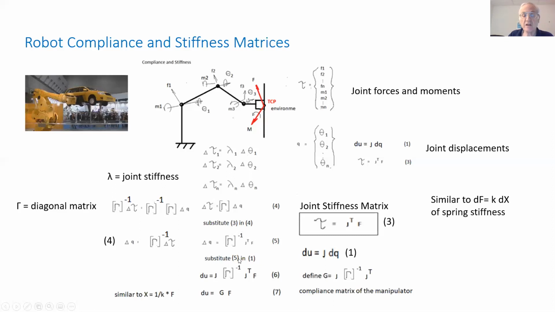We invert it in MATLAB or MathCAD, and then do the matrix multiplication, and we can calculate the deflection of that robot, knowing the stiffness of each one of these joints which we measured.